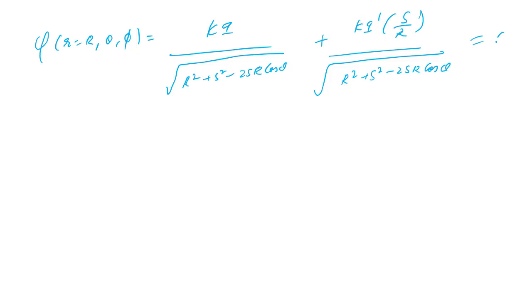So if we want this to be 0, then Q must be equal to minus Q prime by SR, right?